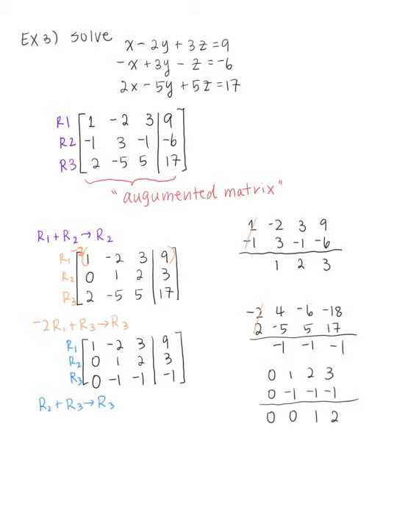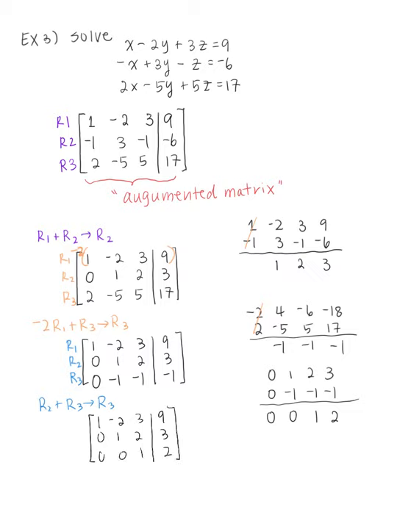So this becomes the coefficient on x, coefficient on y, coefficient on z, and this becomes the constant. So here, we already got the z value now. If I rewrite that matrix, we're going to have 1, negative 2, 3, and a 9. 0, 1, 2, 3, and then 0, 0, 1, and 2.